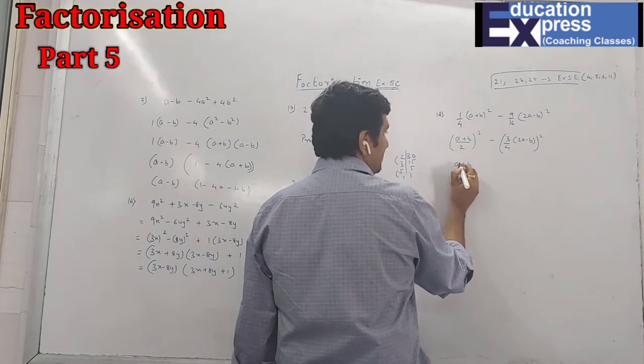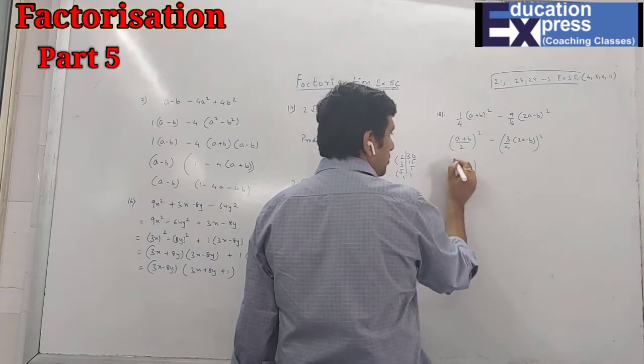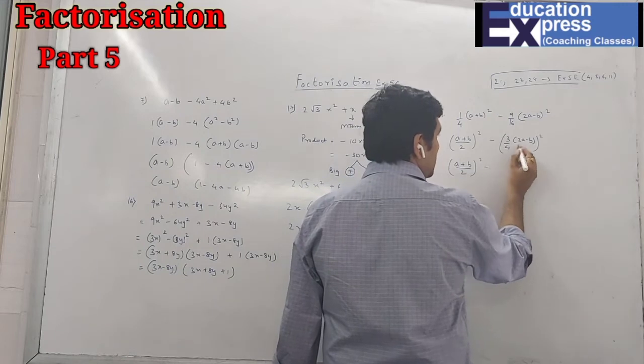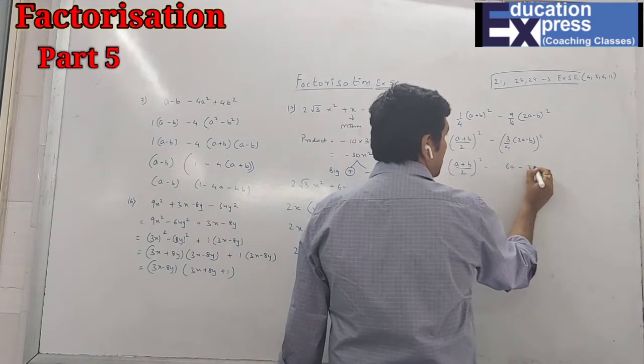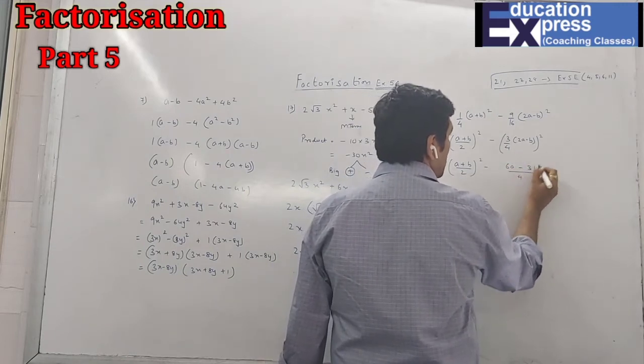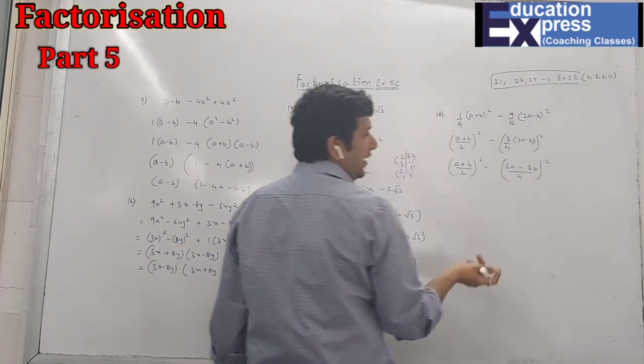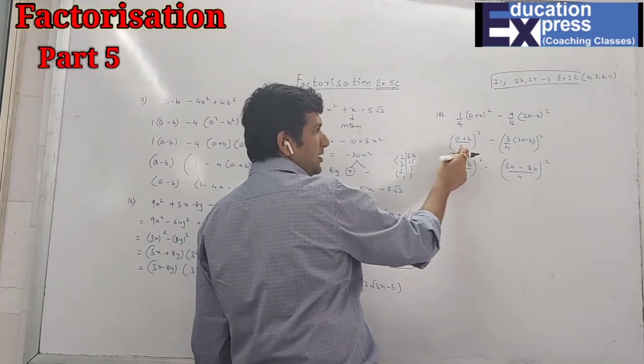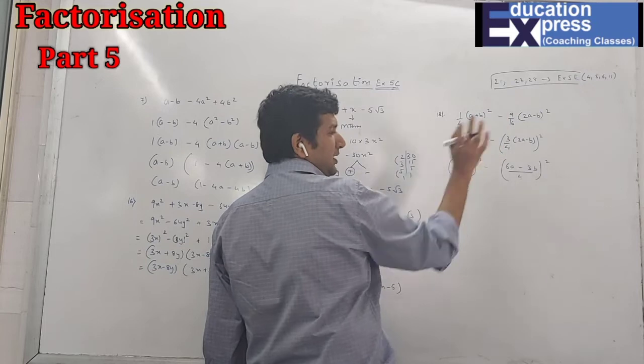So (a plus b upon 2) whole square minus (3 upon 4 times 2a minus b) whole square. Anyone any problem? 4 I have this, 2 ka square 16, 4 9 is 3.